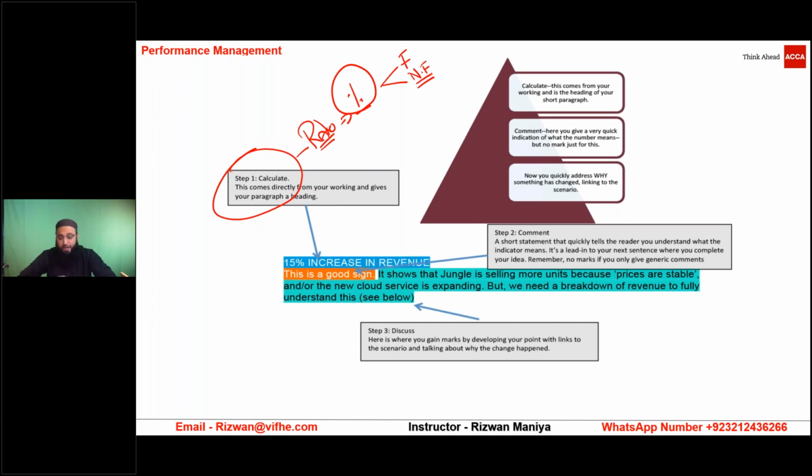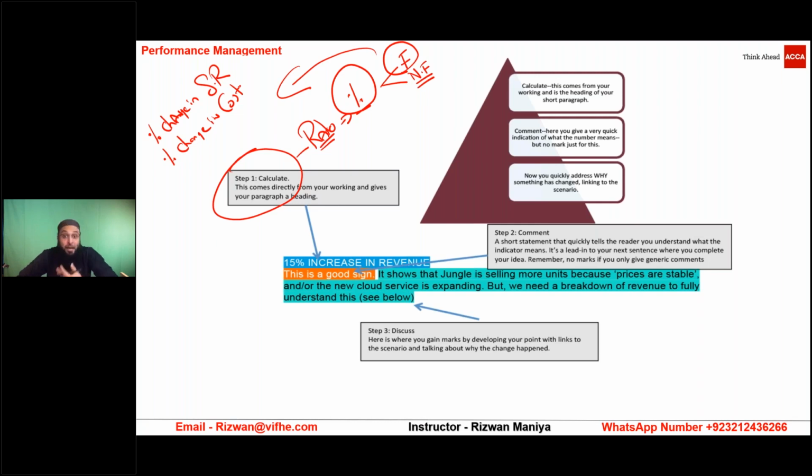Here, the most common financial ratio, which is very much applicable to the PM exam, is percentage change in sales revenue and percentage change in cost.